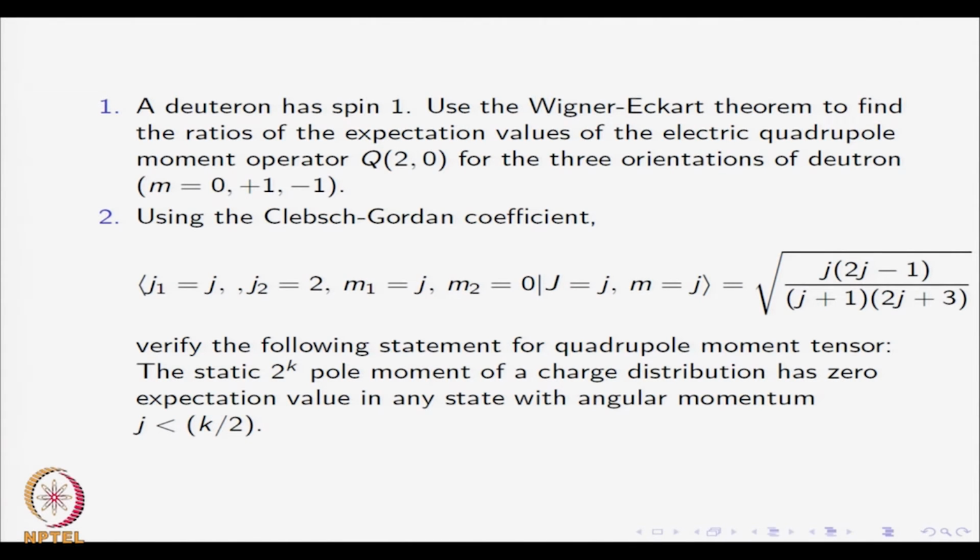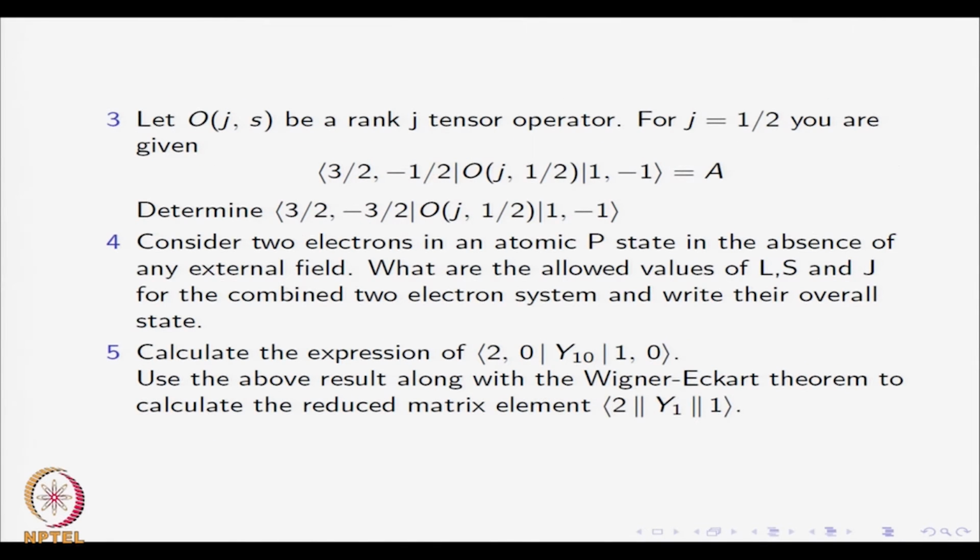Now, let us go to the third problem. Third problem is again similar to the problem we did in the 11th tutorial, wherein the question was of a similar kind. You have to evaluate this matrix element of the jth rank tensor, and for j equal to half you are given some states.